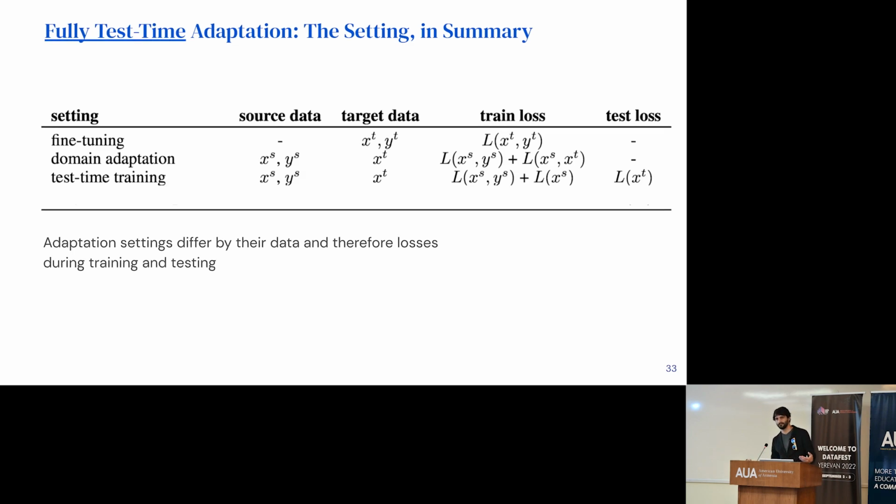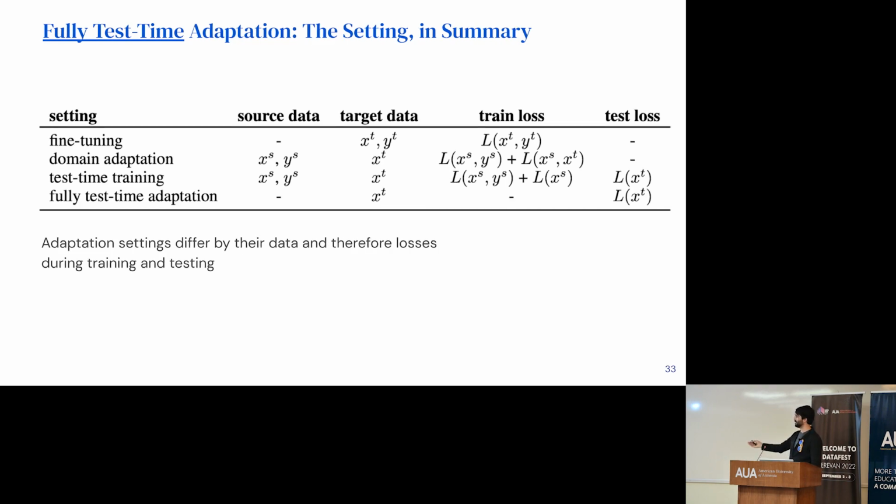So test time training was one step toward this, where they jointly train across their self-supervised task and their source data. And now they have a test loss for the first time. So this is a kind of test time update, but it's not fully test time, as we've motivated, where we use no source data in our updates. We only have target data, and that data has no labels.